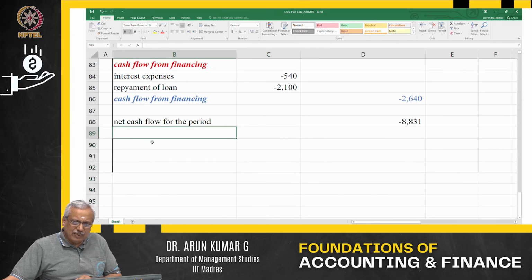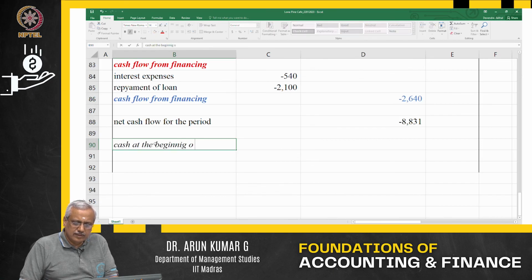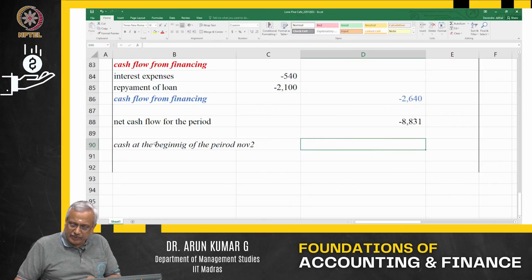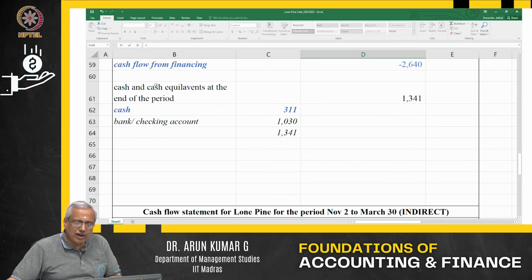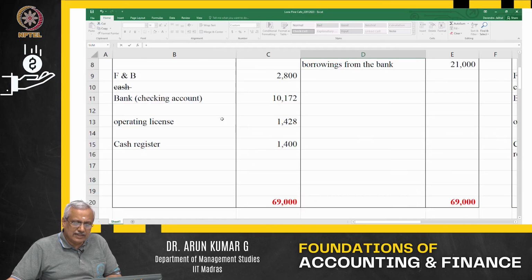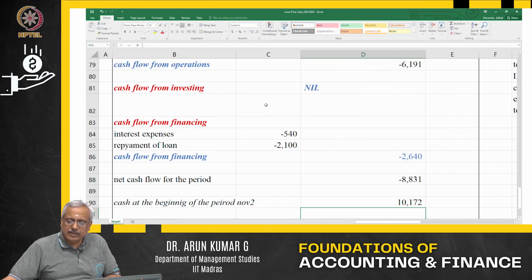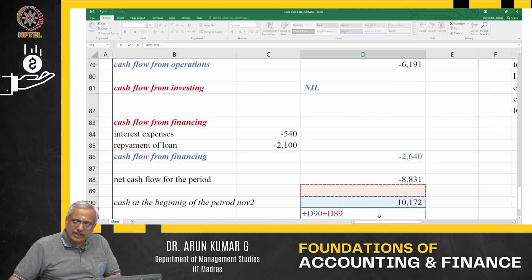What is the cash at the beginning of the period? That is November 2nd. You can just go back up here and see the cash at the beginning of the period. So what should be the cash at the end of the period?